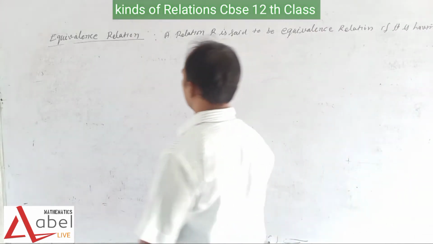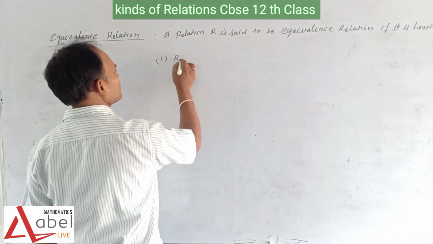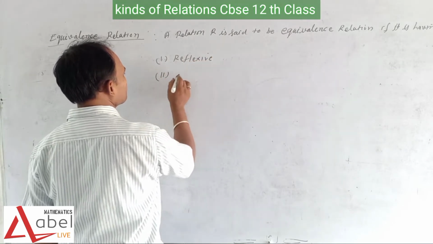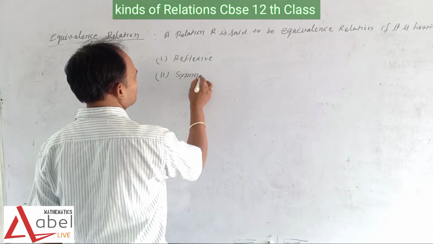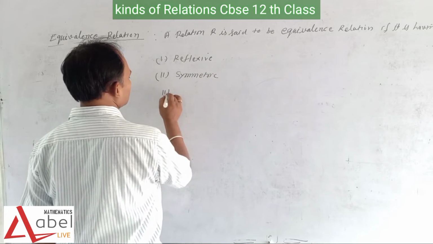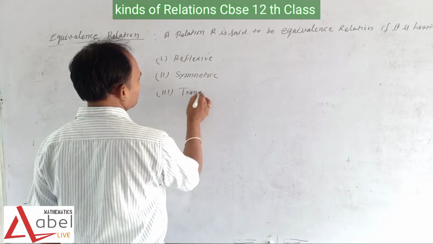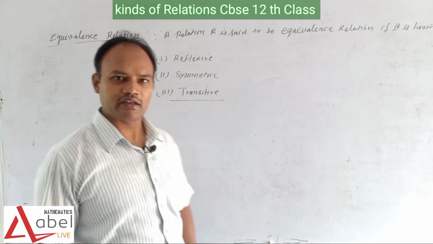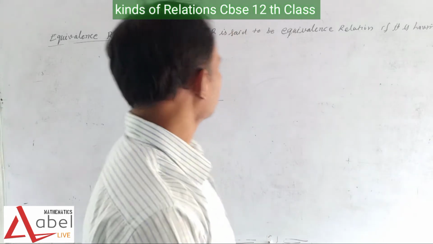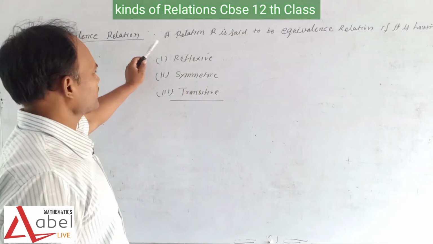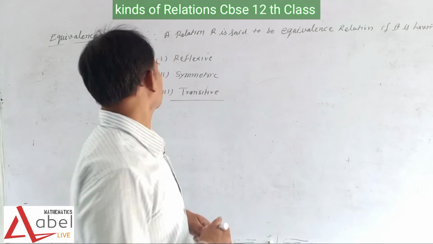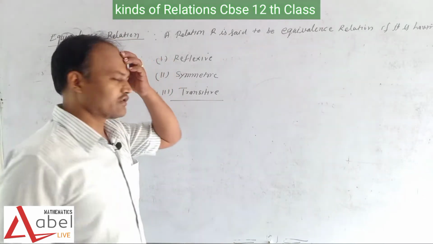Number one, it should be reflexive. Second is symmetric. Third one is transitive. So if a relation has all three qualities, that is reflexive, symmetric and transitive, we can say that it is an equivalence relation.